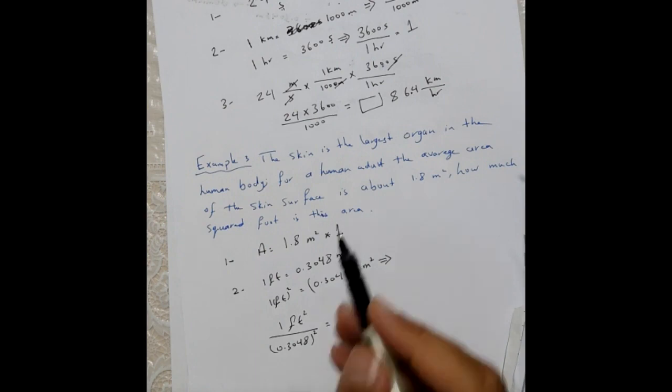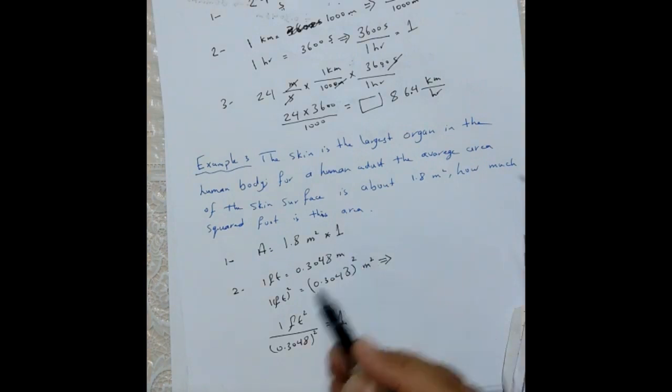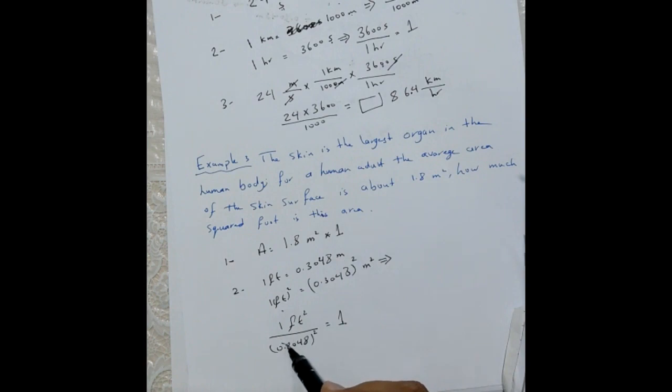Now we will transfer step 2 to step 3. Okay, so how can we do this? The 1 here, I will replace it by 1 foot square over 0.3048 square meter square.